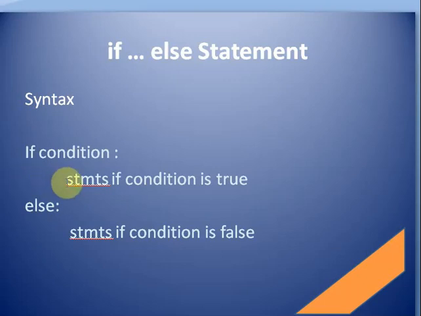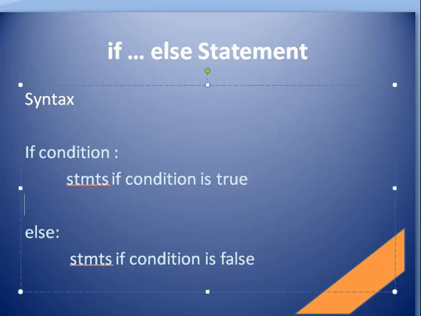See, this is indent, means some space, and then you have to write these statements. If you want some more statements, you are going to type by indent like this.